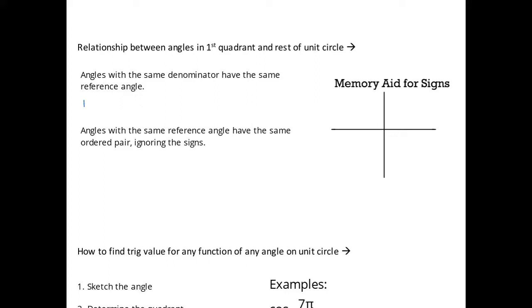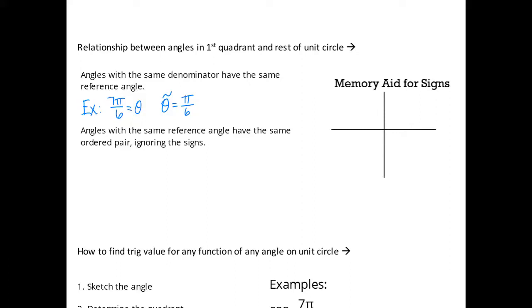So if we look at an example, maybe we're talking about the angle 7 pi over 6. Maybe that's the value of our theta. Well, when we go to sketch that, what we'll notice is that the denominator here is 6, so the reference angle is going to be pi over 6, which is, of course, an angle in our first quadrant.